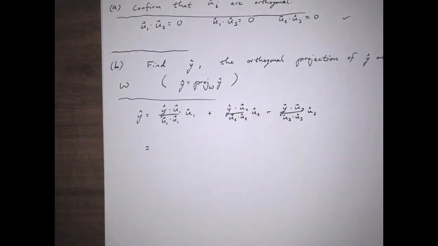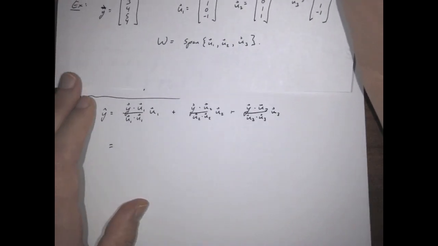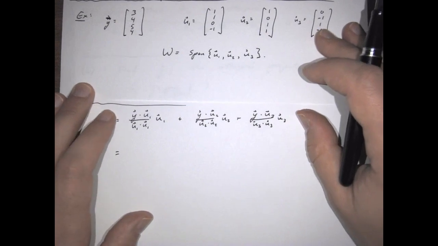We have an orthogonal basis, so we just use the formula. Now let's calculate these, and we don't want to write out all the details, because if anything, it's more likely to mess us up than to help us. So let's just calculate away.